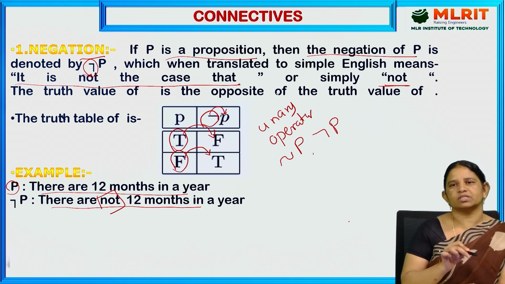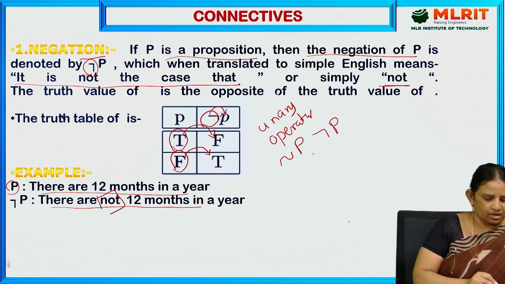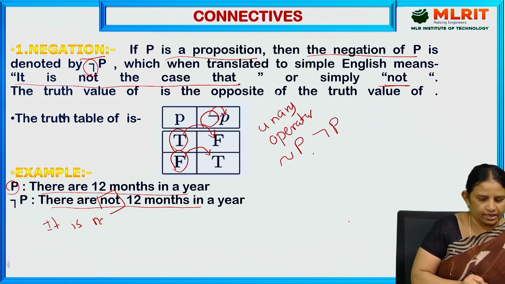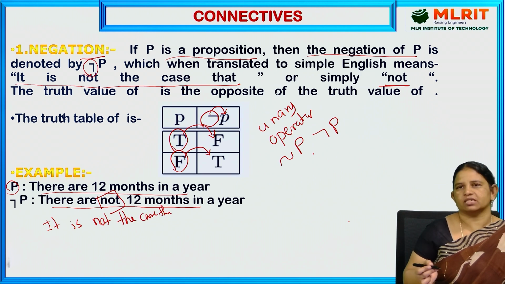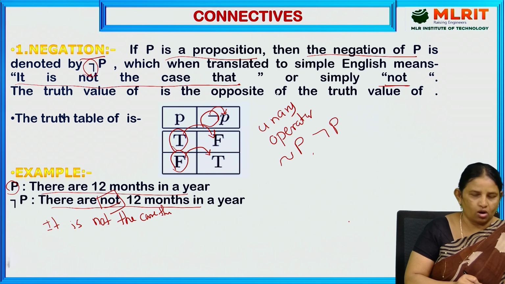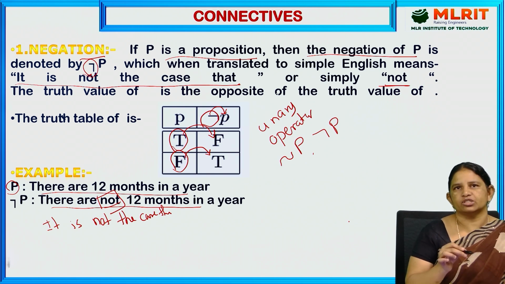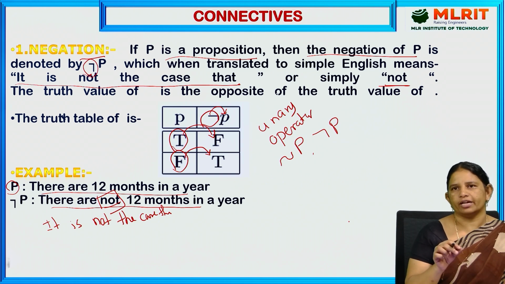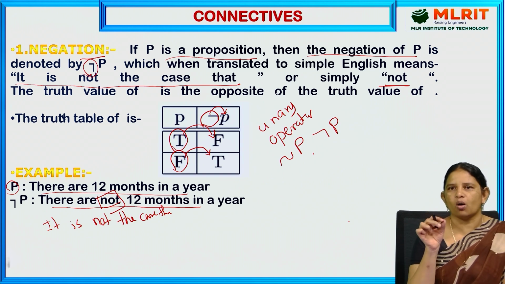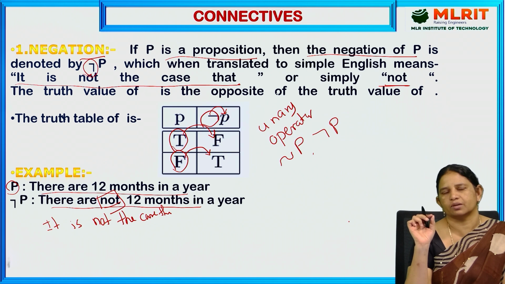Or you can represent the same statement as "It is not the case that there are 12 months in a year." That is the first operator, called negation. Negation is a unary operator because it contains one operator and one proposition.